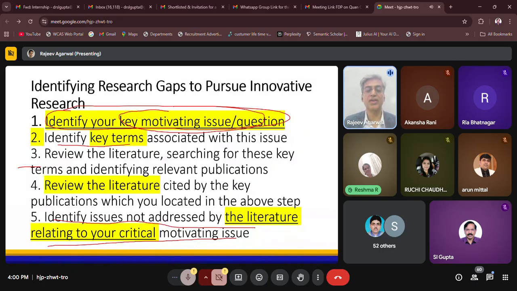So that is exactly what we are doing: we are identifying the gap. Yes, this is my issue, and I have identified this. I have reviewed the literature, and in my findings nobody has actually addressed this thing.